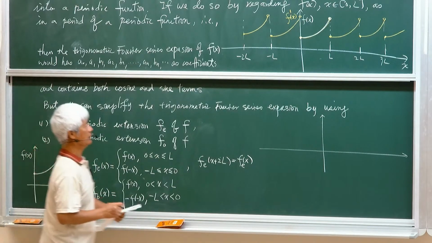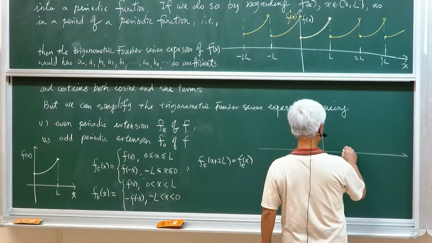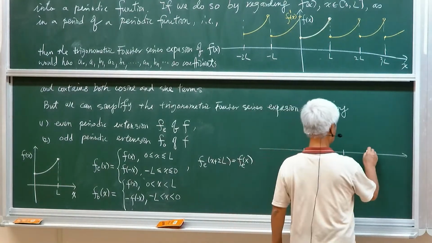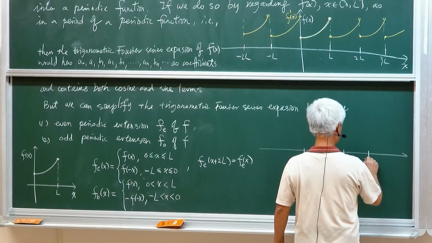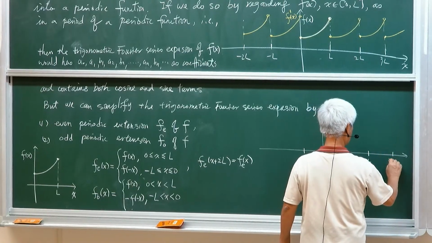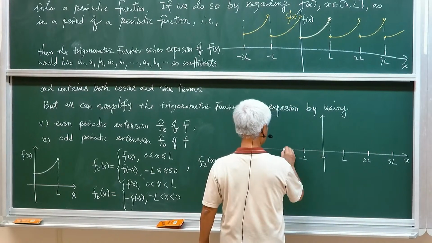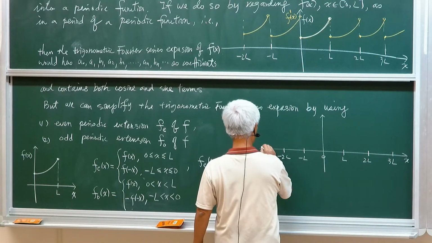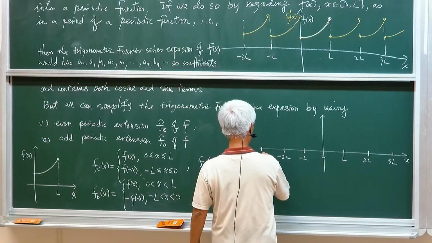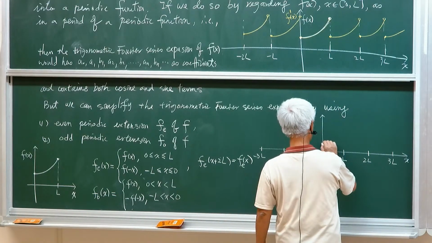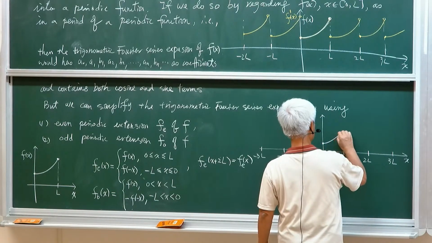So this is L, this is minus L, and 2L, this is 3L, and minus 3L here. And now we do the extension here.